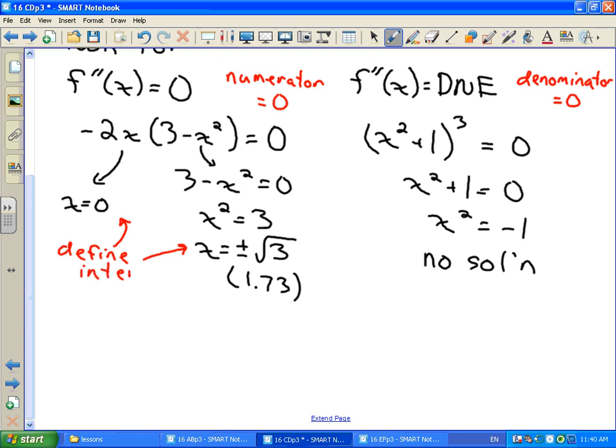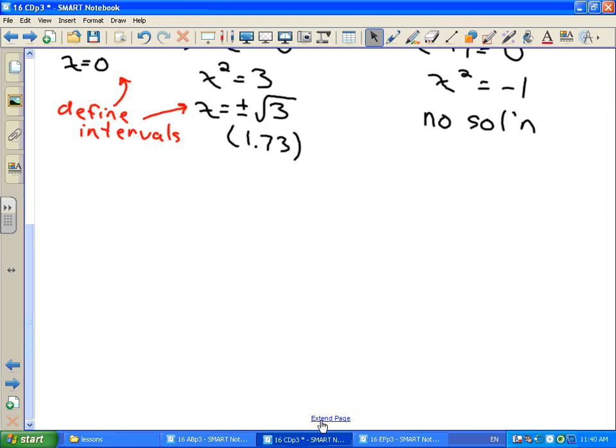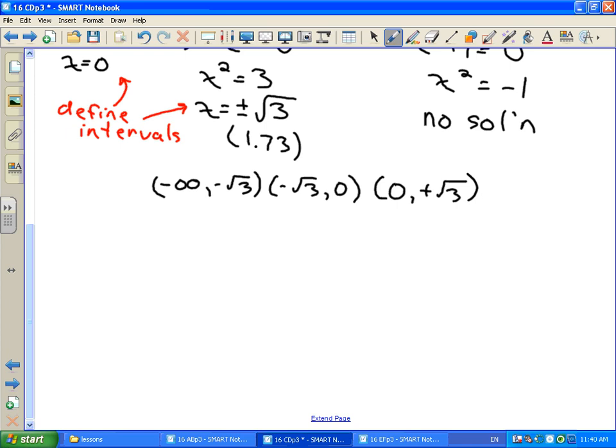And we want to check the sign of our second derivative in each of these intervals. So our intervals are going to be negative infinity to negative root 3, negative root 3 to 0, 0 to positive root 3, and positive root 3 up to positive infinity.